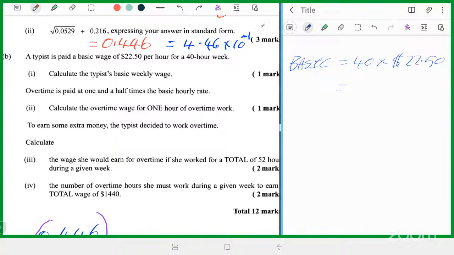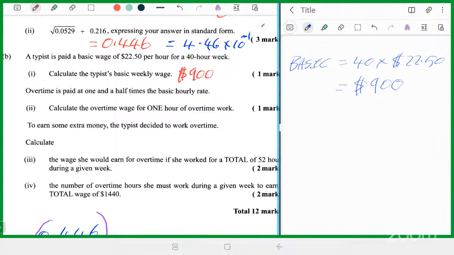All right, I'm just calculating here on my phone. It's 40 times 22.5, $900. So $900 is our basic weekly wage in 2012. We're now in 2024, going into 2025. That's the answer for this part. $900 is our basic pay without overtime.